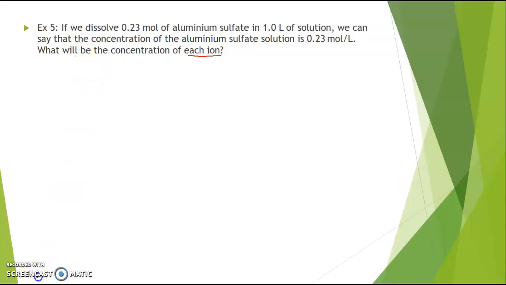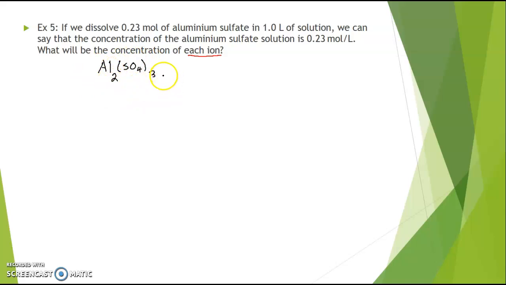First, we start with our compound, aluminum sulfate. Sulfate has a 2 negative charge and aluminum has a 3 plus charge. Do the crossover method, and there's going to be 2 aluminum and 3 sulfate.